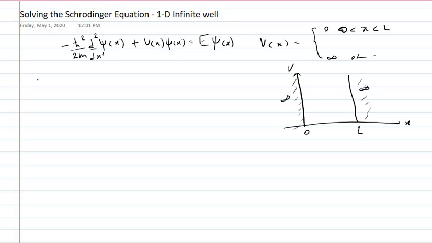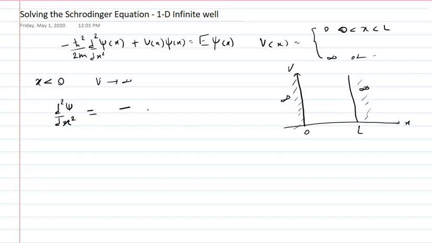Let's first consider what happens when x is less than 0, which means V goes to infinity. In that case, let's first write down this Schrodinger equation in a more convenient way for studying this condition.